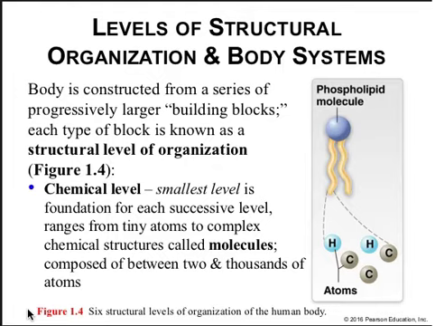These molecules can combine to form even larger molecules called macromolecules. The atoms, remember, are the smallest units of matter. They're anything that occupies space and has mass. And there are surprisingly few different flavors of atoms that make up all the matter in the universe.